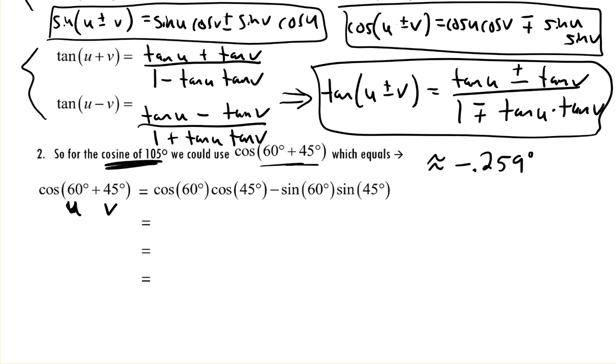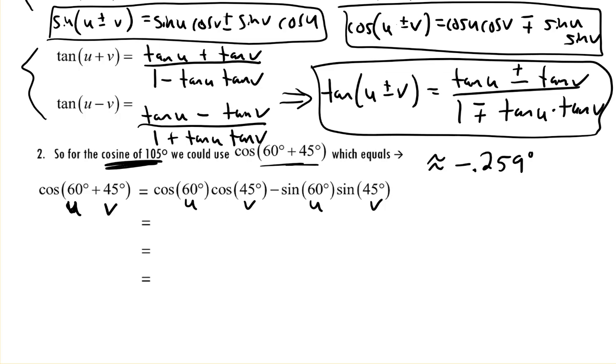So in this first one, I've already plugged in the formula. The formula says take cosine of U times cosine of V, subtract sine of U times sine of V. So I typed it up for you, but usually you have to plug those into the formula. And so we still have to know unit circle.